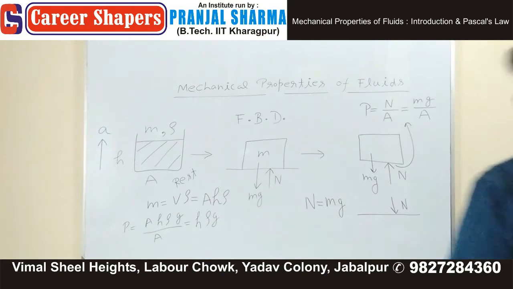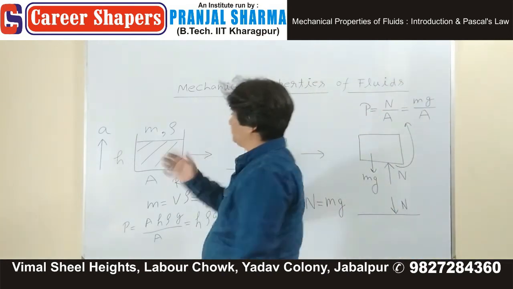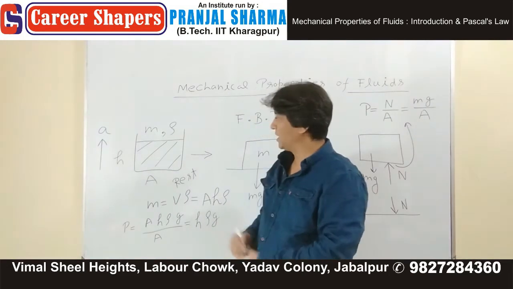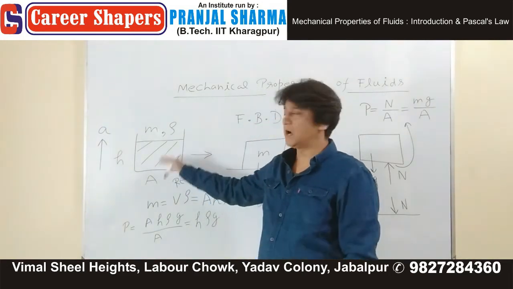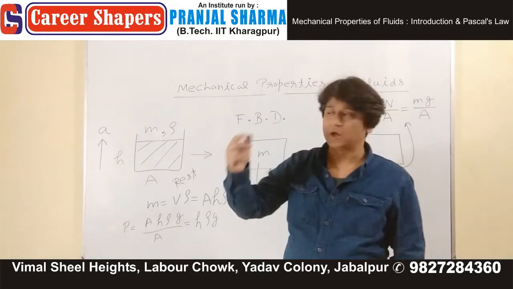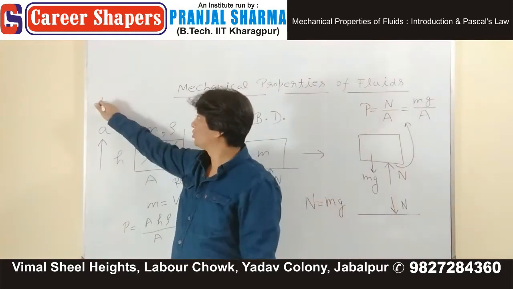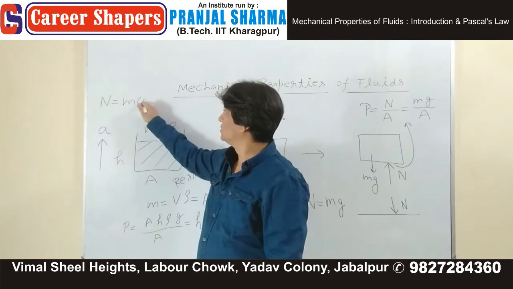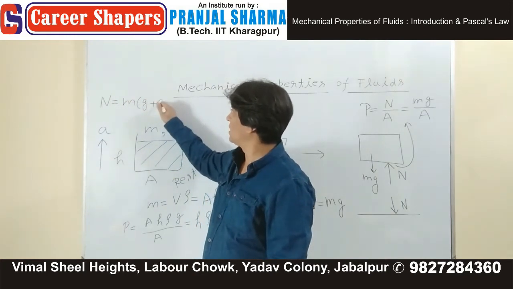Good. So, in laws of motion, we have seen that when you place an object inside a lift and the lift goes up, then normal reaction is given by m times (g plus a).